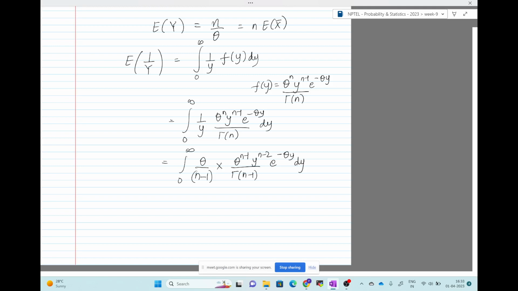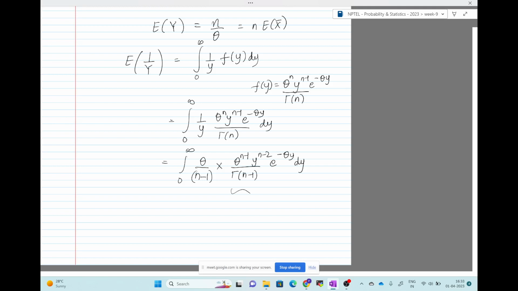So what I did is this y I multiplied with this term, so we got y power n minus 2, and 1 theta I took outside, and this gamma n I rewrote as n minus 1 into gamma n minus 1.